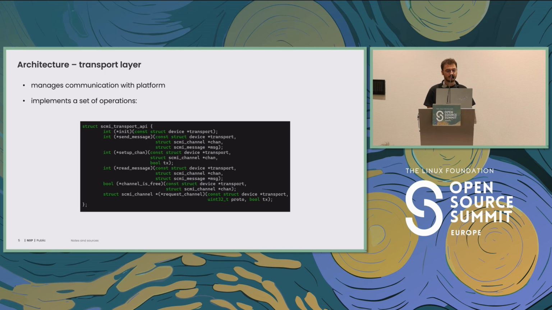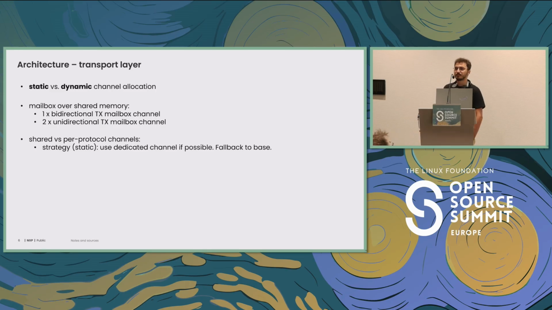We also have the setup and request channel functions. The setup is used to initialize a channel after being requested, and the request channel, as you'll see a bit later, is used in the dynamic channel allocation strategy. So as of today, we support two channel allocation strategies.